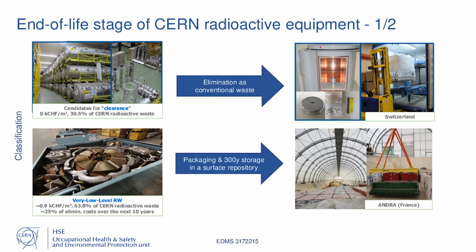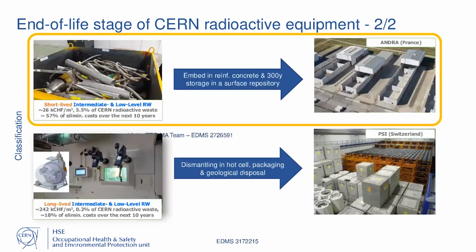The price for the storage in surface storage and monitoring is 900 Swiss francs, slightly less than 900 euros per cubic meter. The situation is more challenging if we go to higher level of waste.